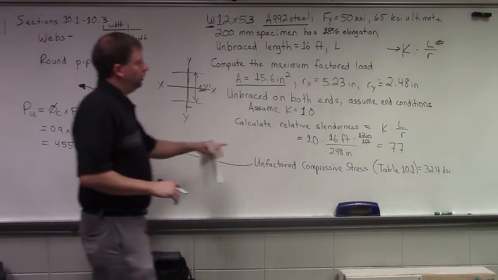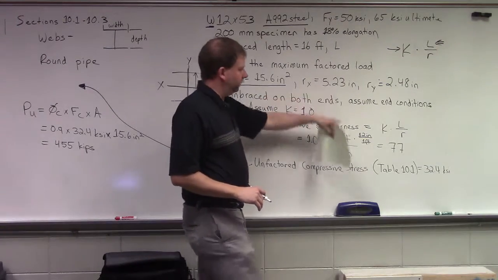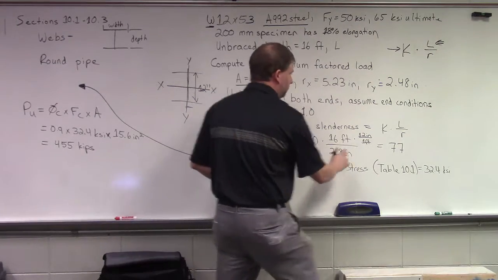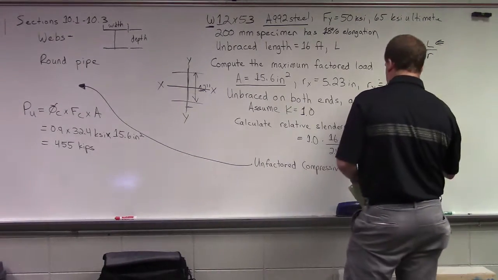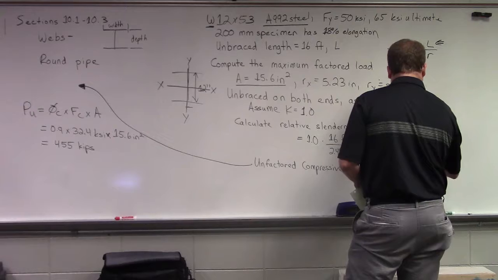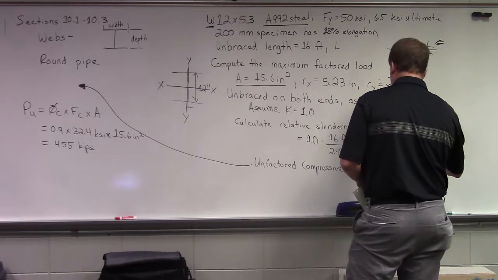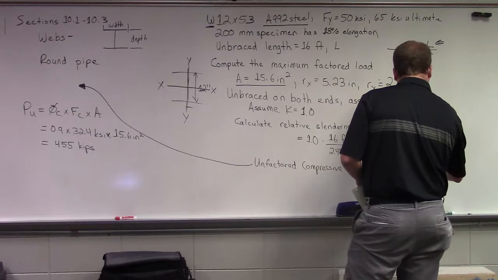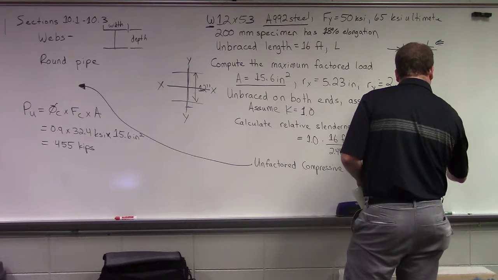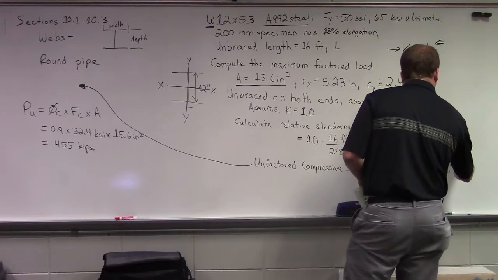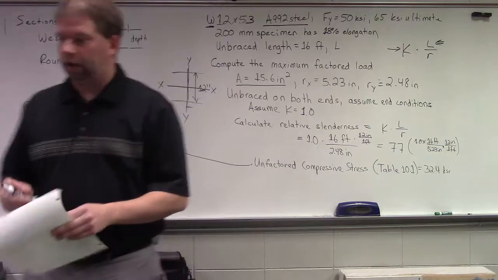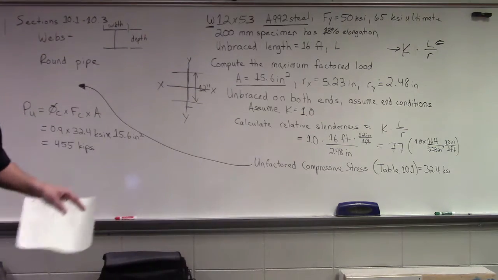So what happens to this number if we plug in a slenderness of 5.23? It's going to be a smaller number, and so what does that mean for our unfactored compressive strength?